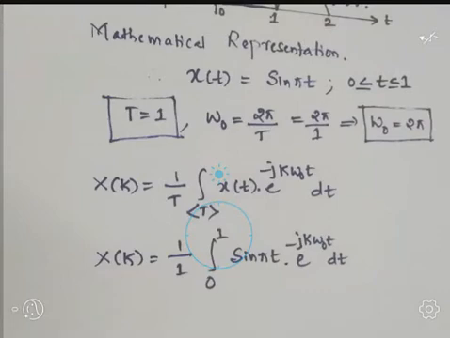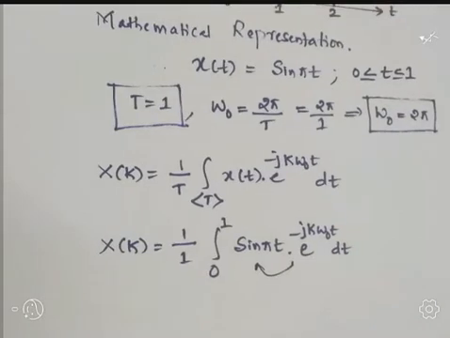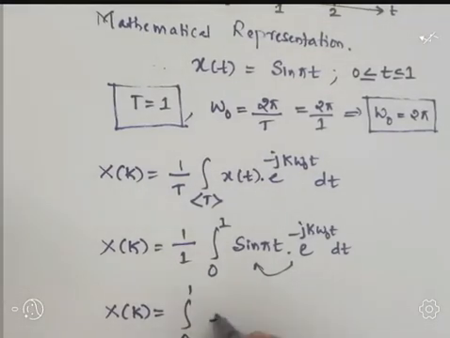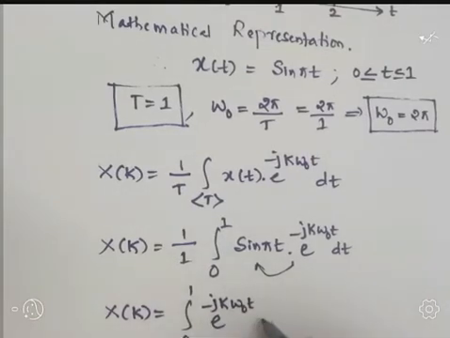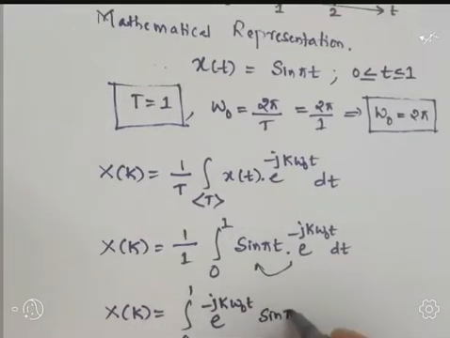Let us simplify this one. I'm going to exchange these terms because I'm going to use one standard integration formula. Because of that reason, I'm writing the above equation as integration over the limits 0 to 1 as it is, and first I'm writing e to the power minus j k omega naught t multiplied by sine of pi t dt.